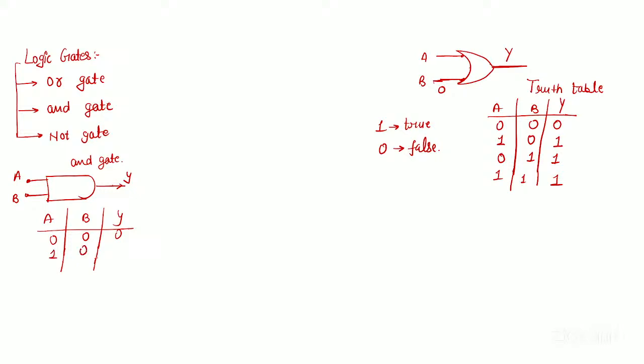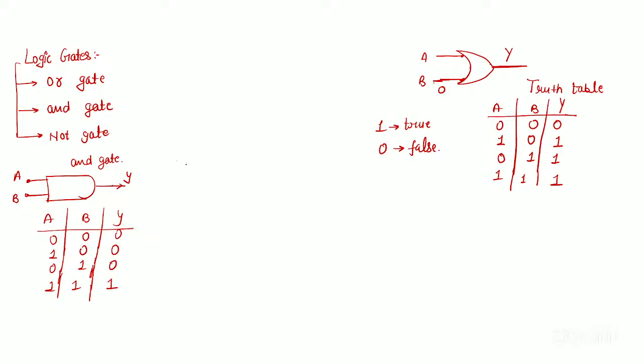If A is 0, B is 1, it will return 0. If A is 1, B is 0, it will also return 0. Why? Because it will only return 1 when both the signals are 1. If either of the signals is 0, it will return 0. So 1 and 1, it will give you 1.